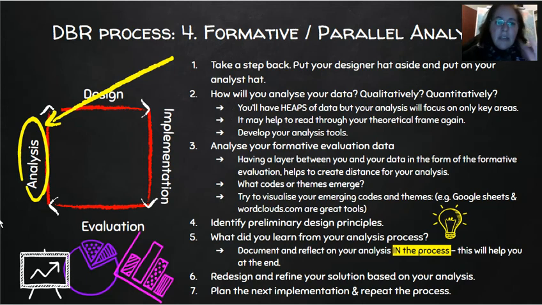I've changed music, I changed whatever I'm doing, just to refocus on what it is that I'm wanting to achieve with my analysis. Now in my analysis phase, I take a step back and I look at my evaluation, and it helps me to take a week or two between when I've gathered my evaluation and when I actually go and sit down and do my analysis.